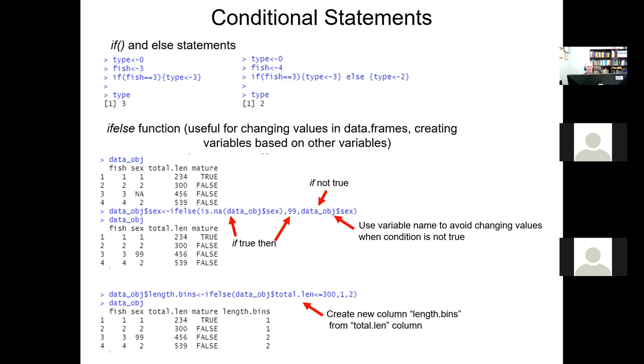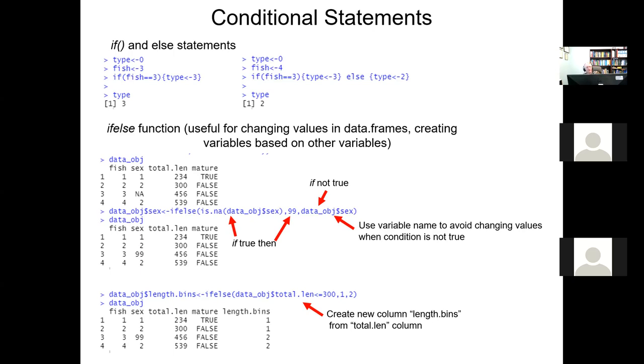You can say this in your head: if an NA is present, then do this, else do not do that. So if there is a missing value in sex specified as an NA, then substitute the next value, which is 99, in its place. If it's not true, then just keep the original value, which is in this third position. I hope that makes sense.